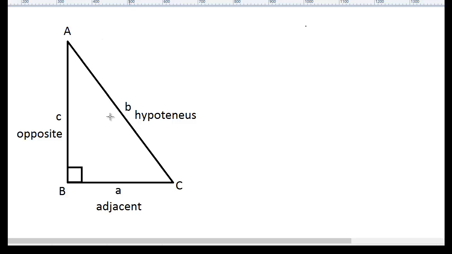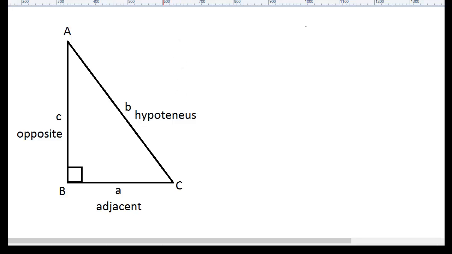If we were talking about A, the hypotenuse would stay the same. This side would become the opposite side, and this side would become the adjacent side if we were talking about angle A. It doesn't really matter what angle we're talking about, so I'm just going to leave it how it was here.